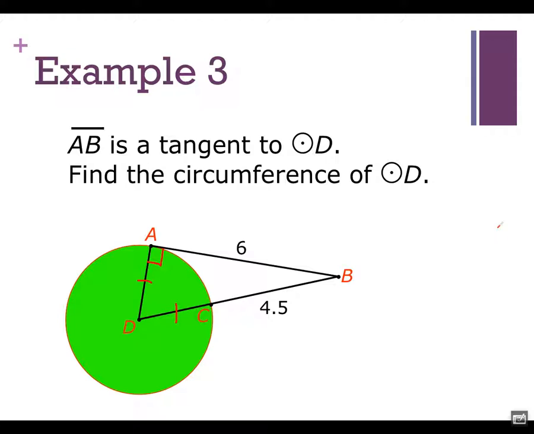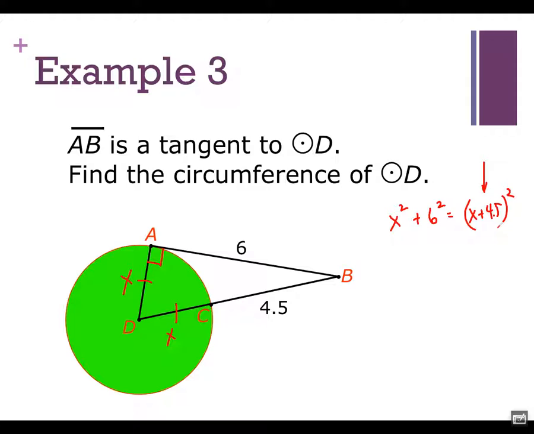You could do x squared plus 6 squared equals x plus 4.5 squared. Perfect. We don't know how long AD is, so she's chosen to call this x. Since the right angle is there, using the Pythagorean theorem, we get x squared plus 6 squared is equal to x plus 4.5 squared. This would be a good opportunity to talk about this again.